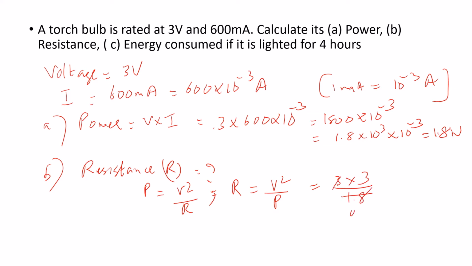So when you cancel, you'll get 1 by 0.2, or it will be 10 by 2, which is 5 ohm.